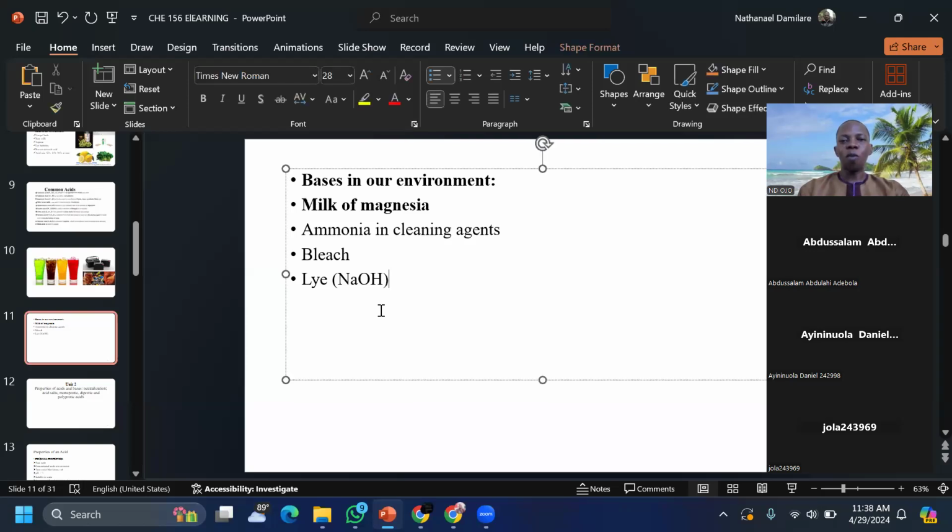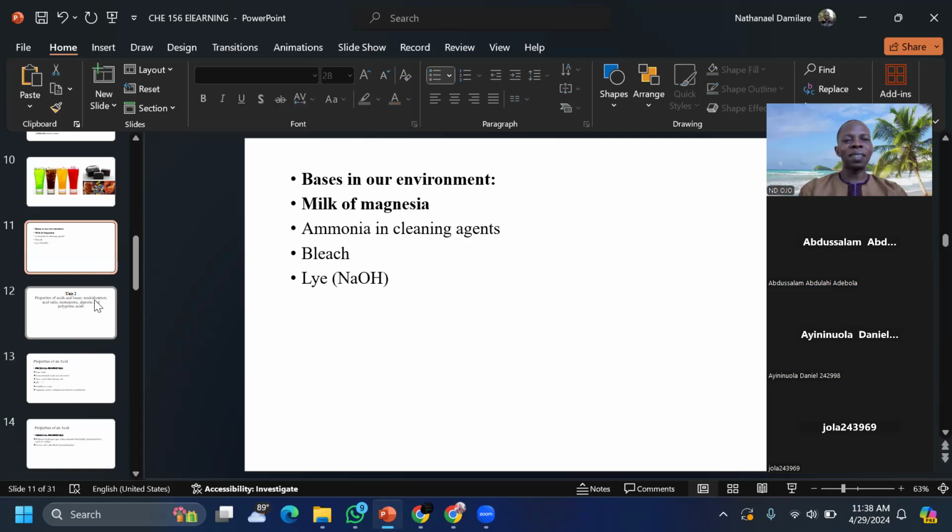And some of you who have been involved in washing, whether with the bar soap or detergent and all that, when you touch soap that is already in water, you see that it is slippery. When you touch it, you feel like your hand has this characteristic soapy feeling or soapy texture. So that is as a result of the presence of bases in them. So bases can have their own characteristic texture.